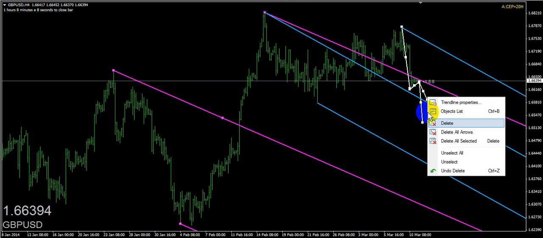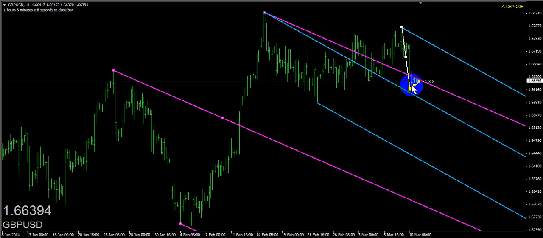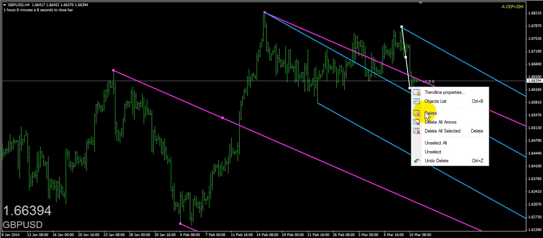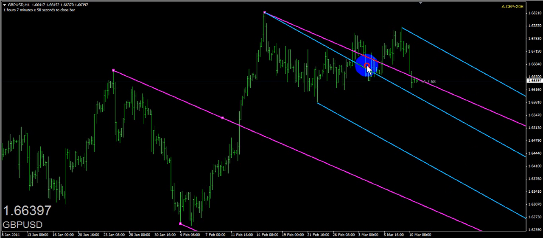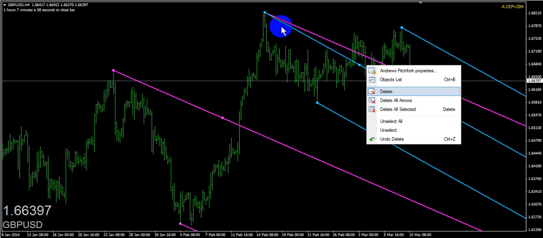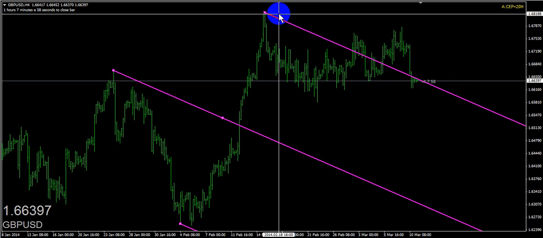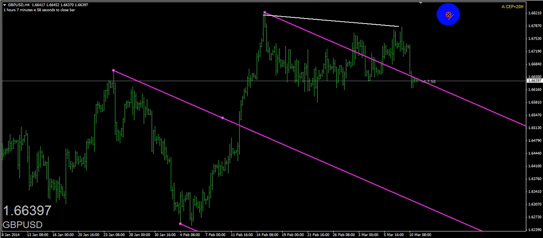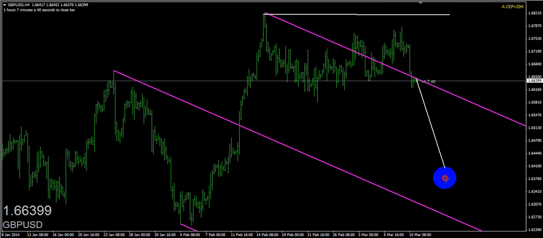I'm going to keep the pink fork on just for now because it is a larger swing and it didn't bust the high right here, so the fork is still valid because it didn't make any new highs. So let's look for a drop, a continued drop in the pound dollar.